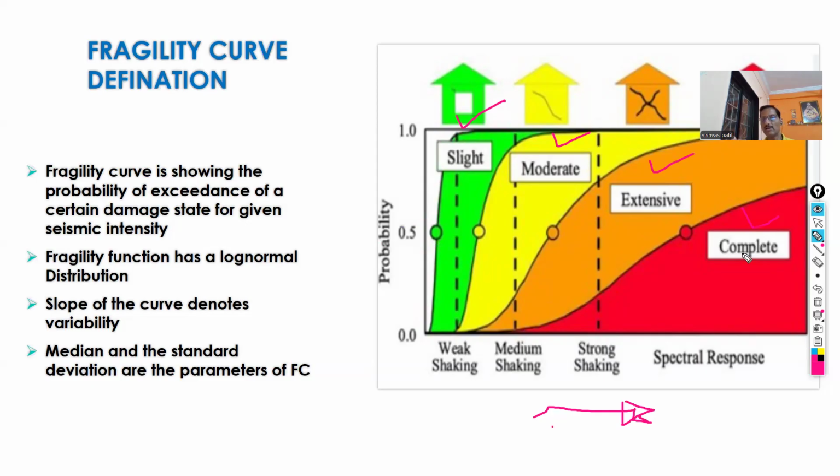In some of the seismic codes, only 3 damage states were defined: immediate occupancy, life safety, and collapse prevention. Some researchers, like Vamvatsikos, proposed 3 damage states: immediate occupancy, life safety, and collapse and global instability.